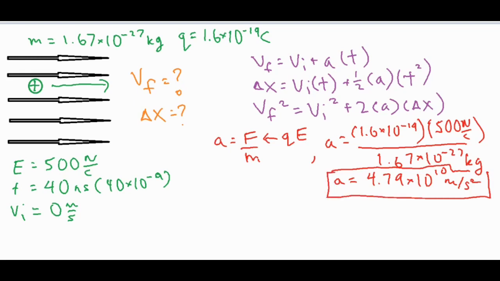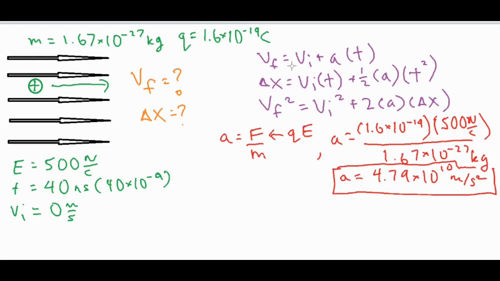Now we're looking for the final velocity as one of our final solutions. So we can either use the first formula or the second one. The middle one doesn't have a VF in it. Now it looks like the first one is going to be the most simple formula to use to find our VF because it's already set up for VF.